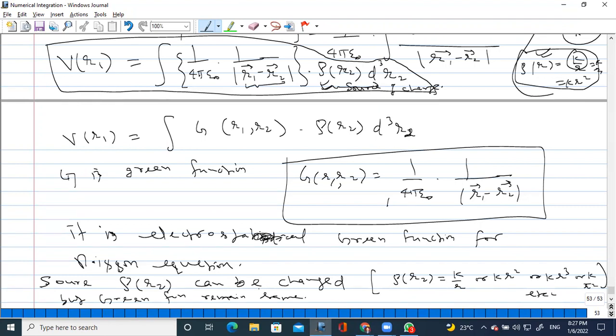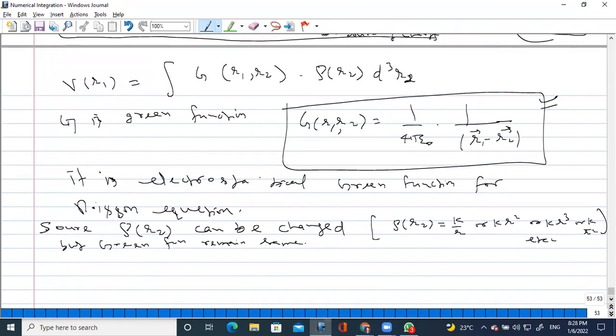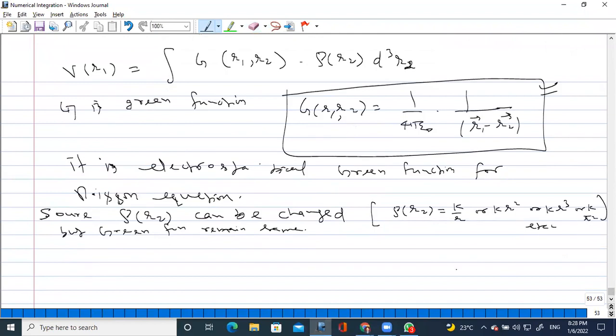In that aspect, I am telling you that the form is constant. R1, R2 definitely can change, but the form of this formula is always the same. Like this you can understand. Okay, so first note down this, then I will start the procedure a little bit.